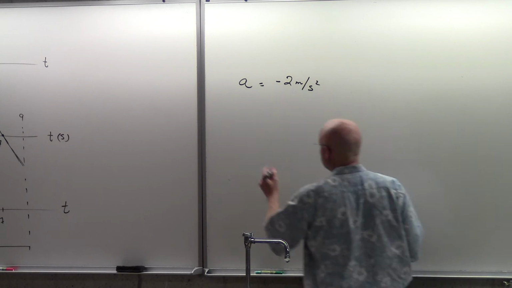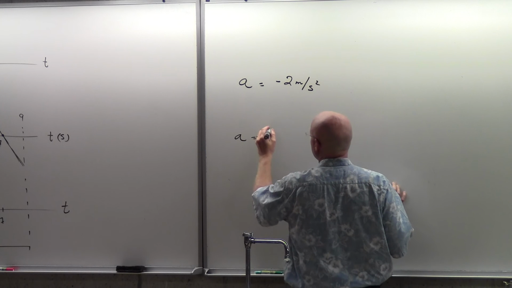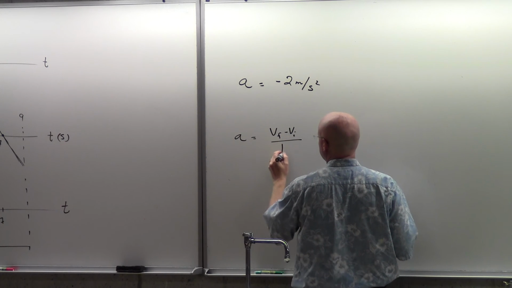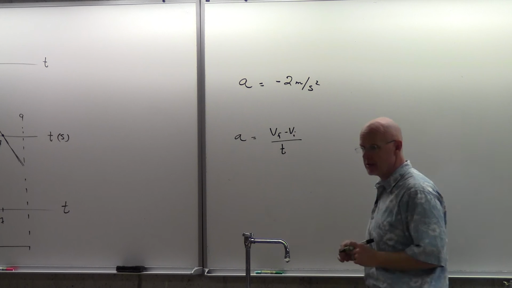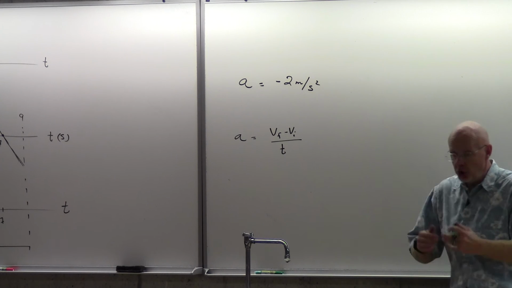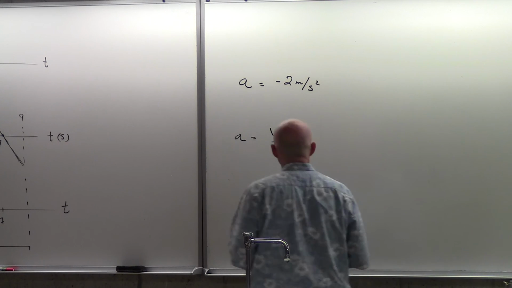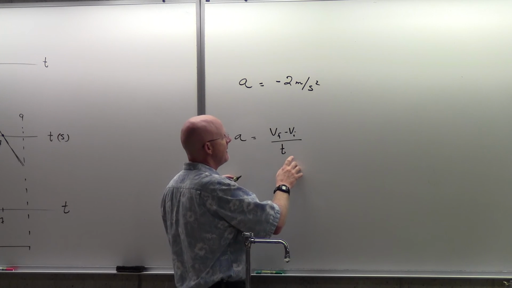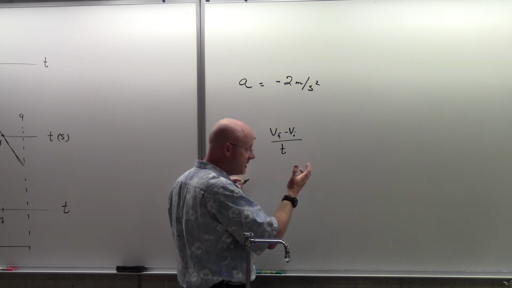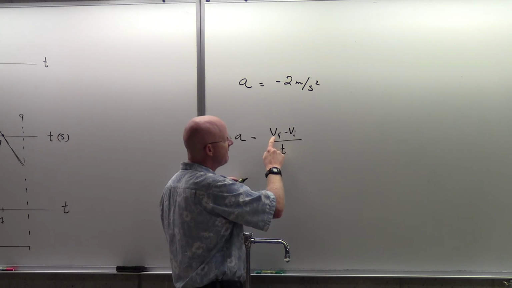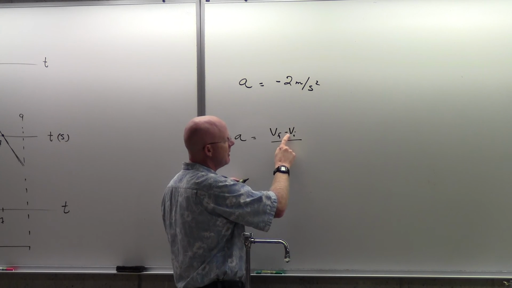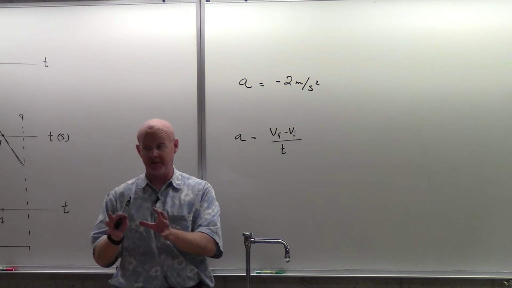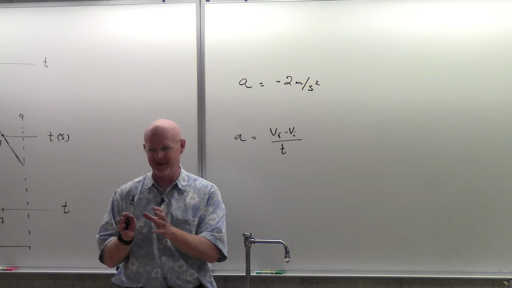Right? Acceleration is the change in velocity, right? You would get a negative number anytime, at least in terms of positive numbers, if the final is less than the initial. But what about for negative numbers?